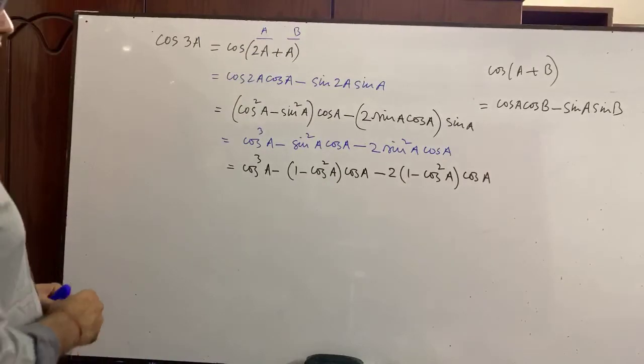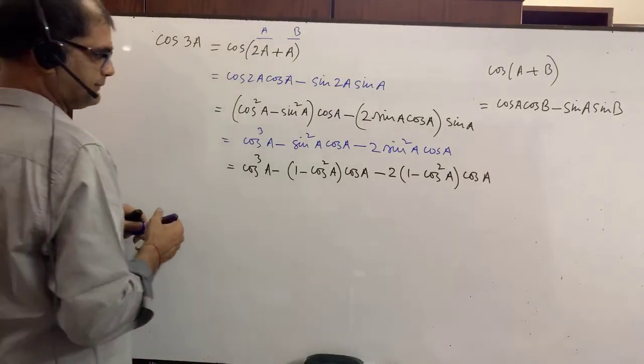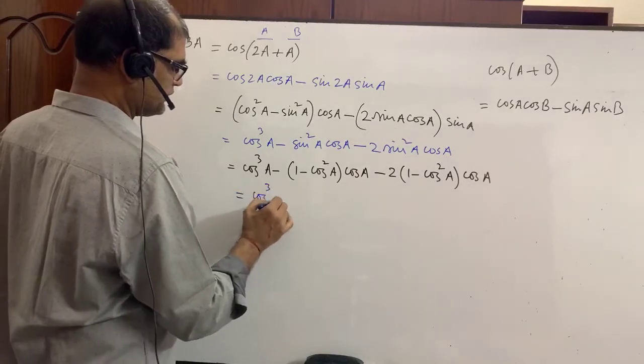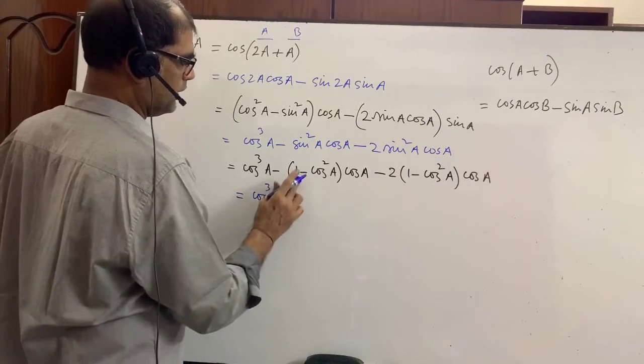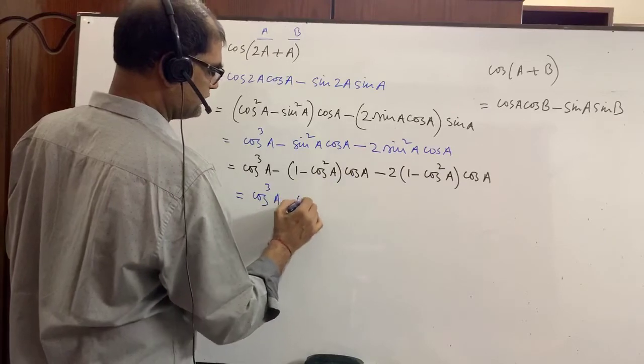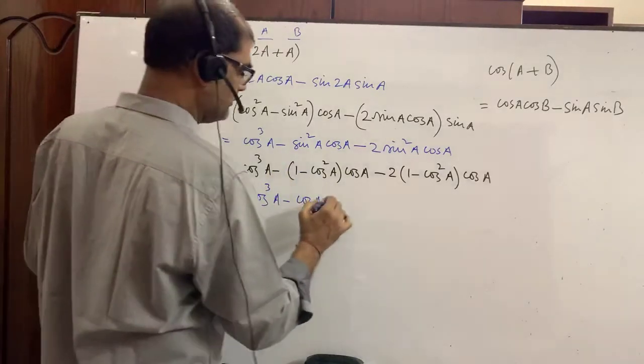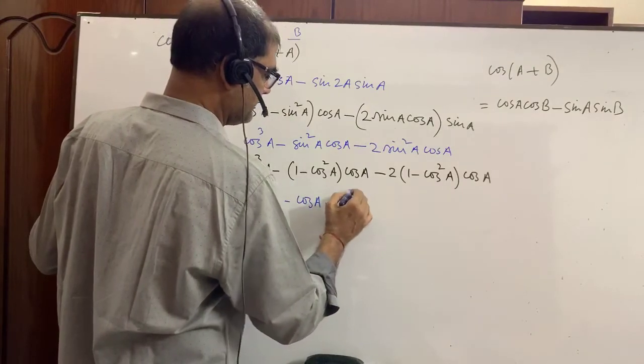Now we multiply like this: cos cube a minus 1 into cos a, that is minus cos a; minus minus plus, it will make cos cube a, right?